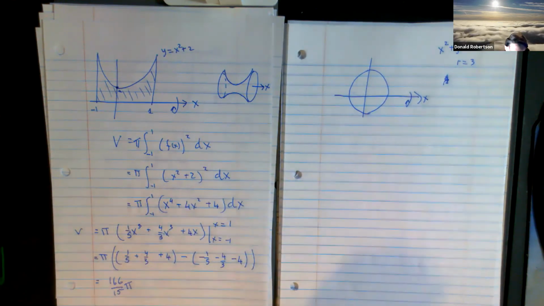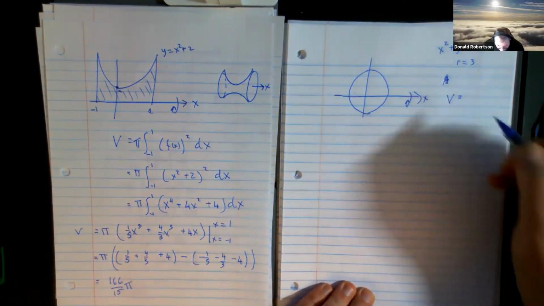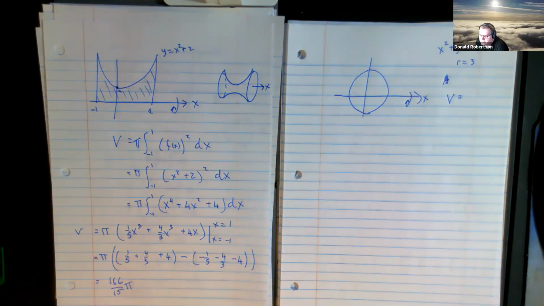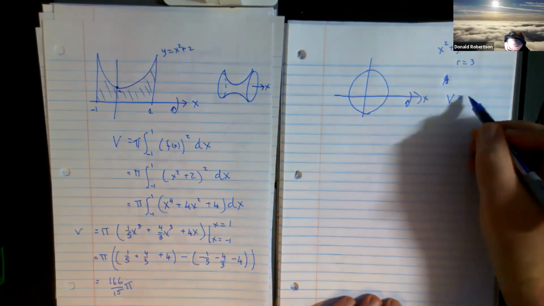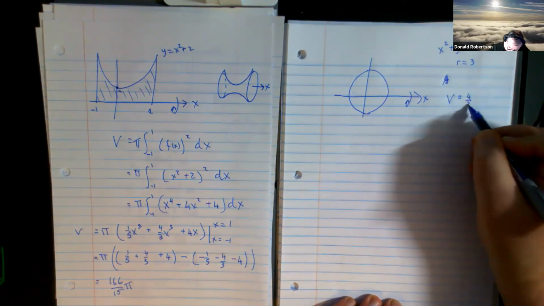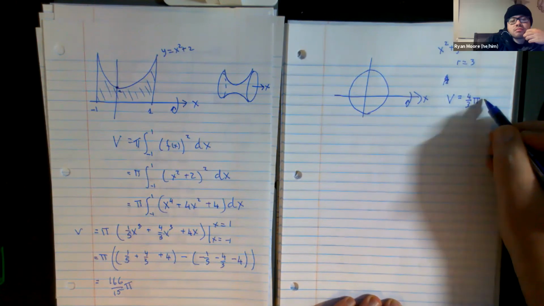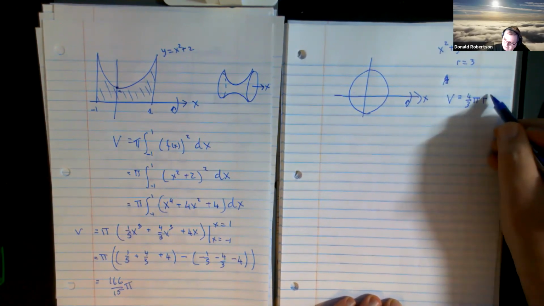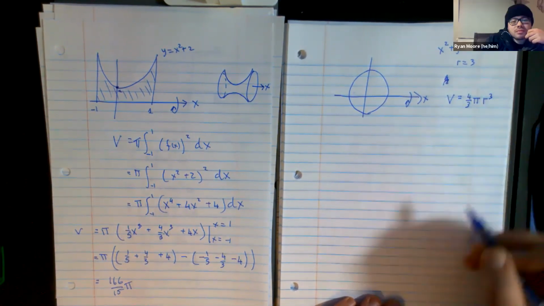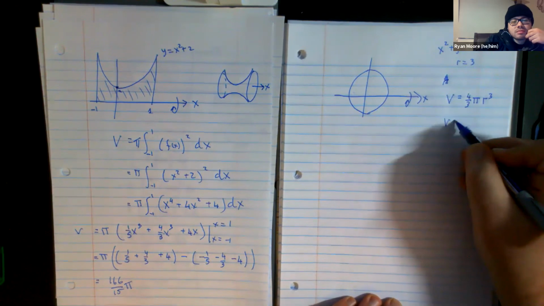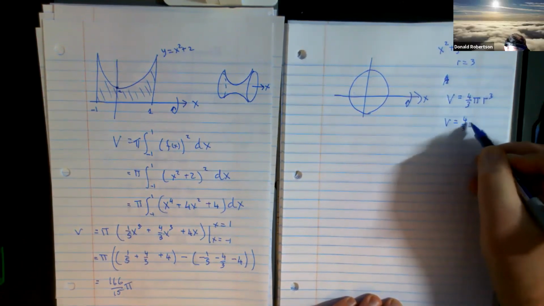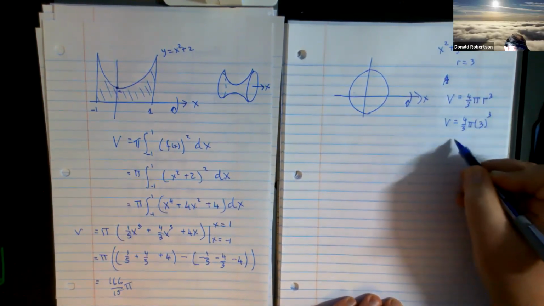Right, a ball. Does anybody know what the formula for the volume of a sphere is? 4/3 pi r cubed. So in this question, 4/3 pi 3 cubed.